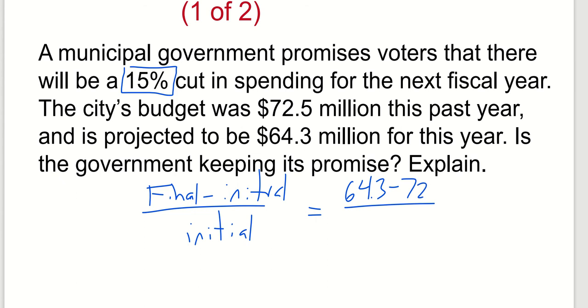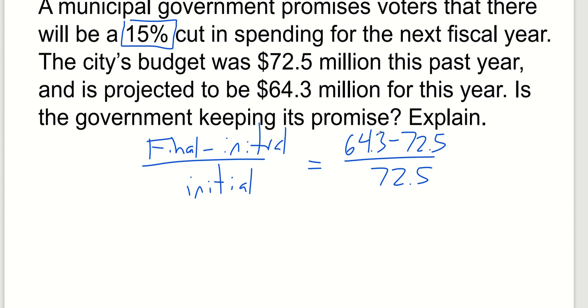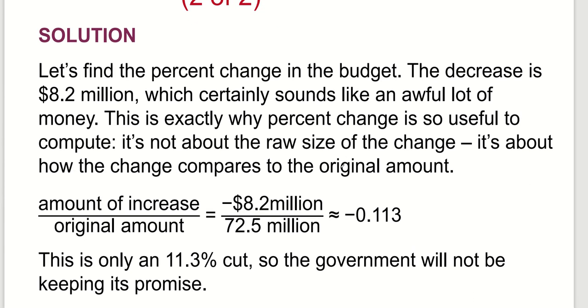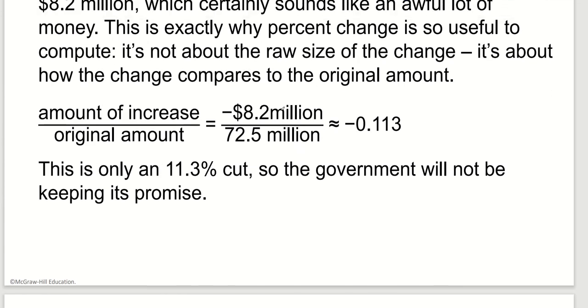This is subtracting off the starting amount, which was the past year, 72.5. And again, it always has to go over the original amount of 72.5 here. 64.3 minus 72.5 would give us an amount of decrease of 8.2 million divided by the original 72.5 million, and we get a decimal change of negative 0.113.